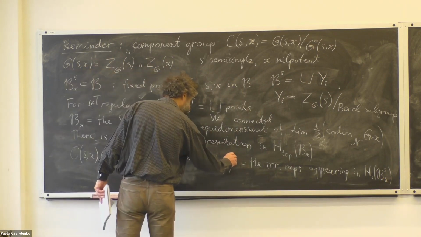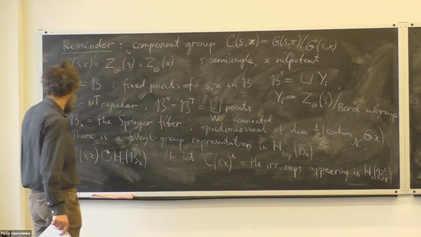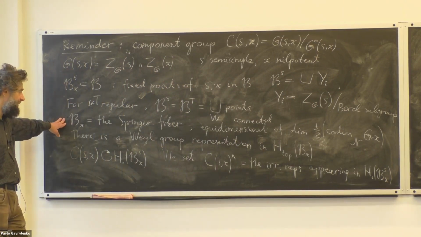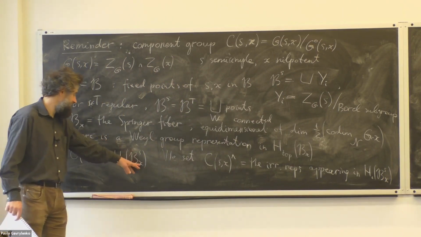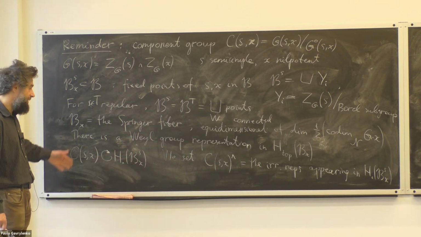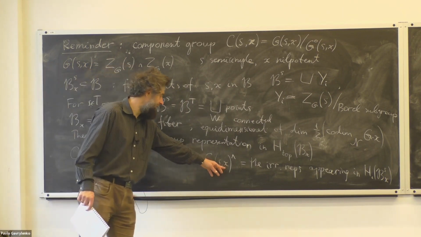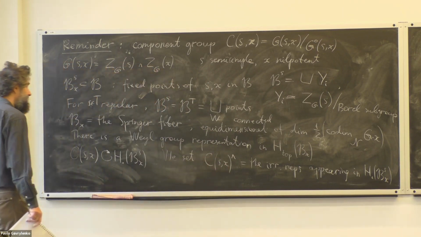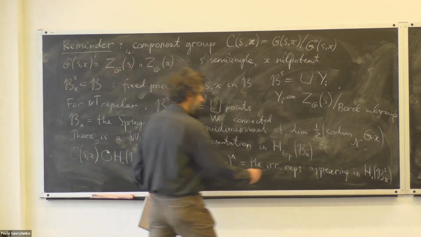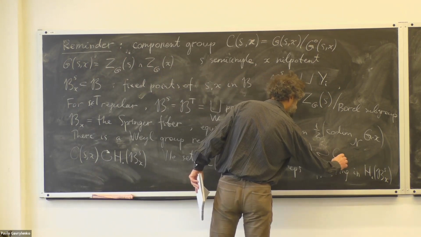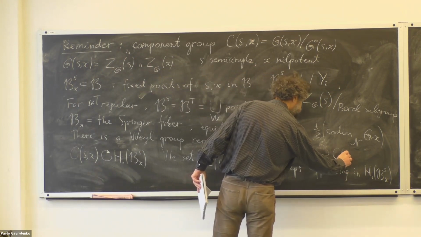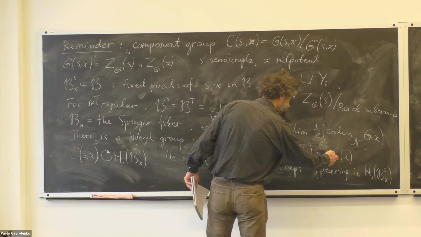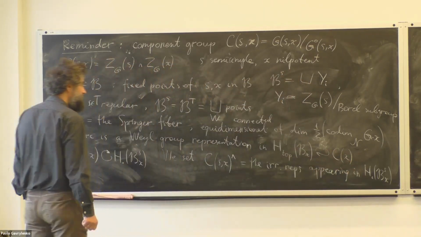Okay, and we can do similarly in this example when S is trivial. Then BSX is just the Springer fiber. Again, there is the component group of this centralizer. This will be just the centralizer of the nilpotent element X, and it also acts here. So S is trivial, only X remains.